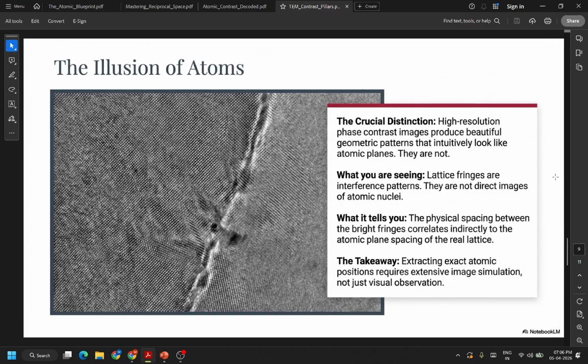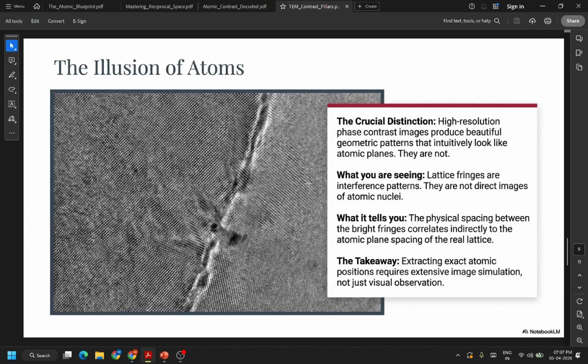High resolution phase contrast images produce beautiful geometric patterns that intuitively look like atomic planes, but they are not. You can see in this image they look like atomic planes, but they are not. They are lattice fringes, which are interference patterns. They are not direct images of atomic nuclei.